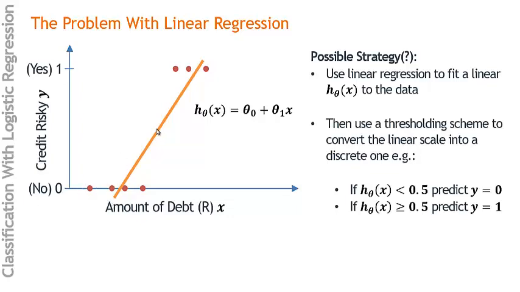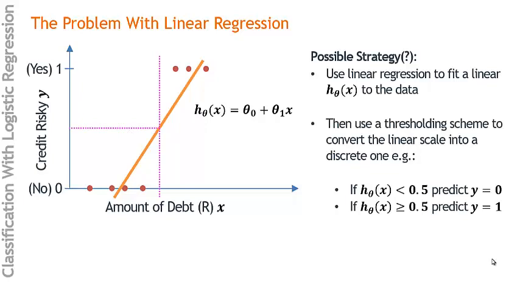And if the value of h is above a certain value, we determine y equals 1. Again, we only want to make a choice between 0 or 1. So all we need to do is use this line given by the equation h to determine a cutoff point. Right? All right, so here, in this case, the cutoff point might be here.